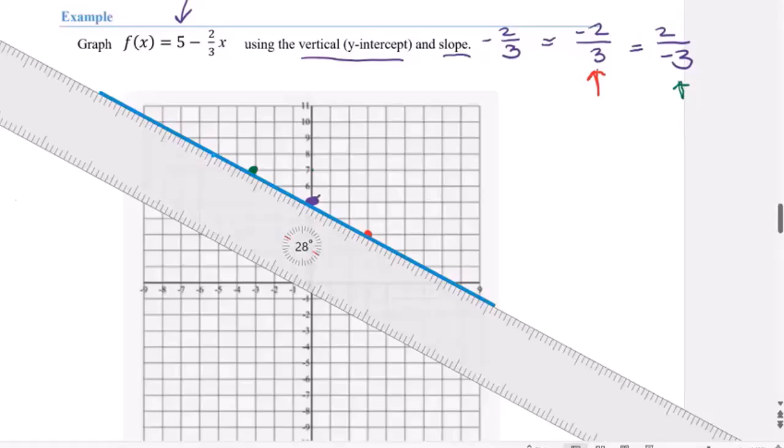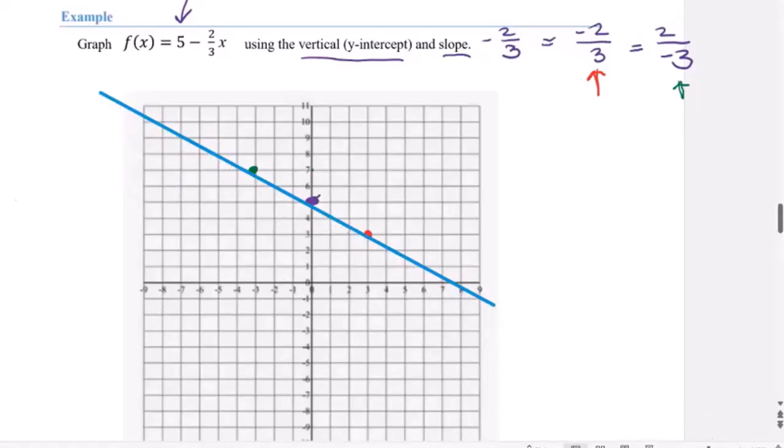So I've now graphed this function, and that is exactly what it looks like. Notice we have a negative slope, which is good because it's going down if I read it from left to right. And we have our y-intercept, and that's really all that you need.